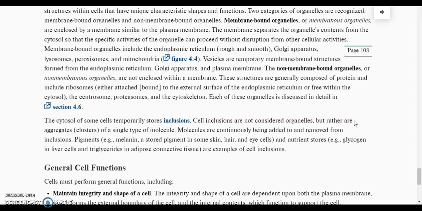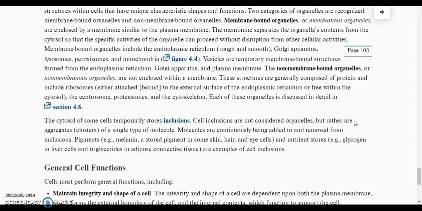So they call that glycogen that's stored in liver cells and muscle cells, they call it just a cell inclusion. So it's not its own separate organelle. All right. Oh, and then they also talk about triglycerides and adipose tissue. So that would be another example too.